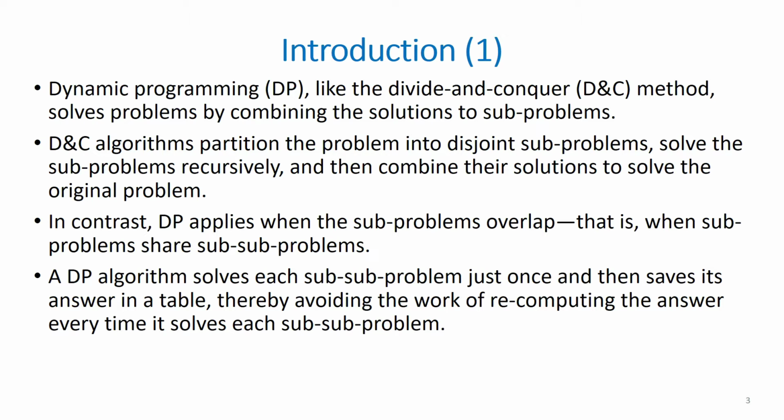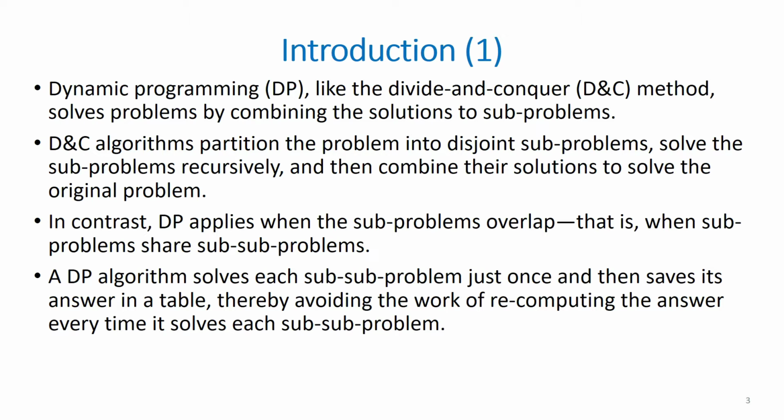So, if we compare DP with divide and conquer, we see that in contrast to divide and conquer algorithms that partition the given problem into disjoint subproblems, DP applies when the subproblems are not disjoint but instead overlap. That is, subproblems share sub-subproblems.